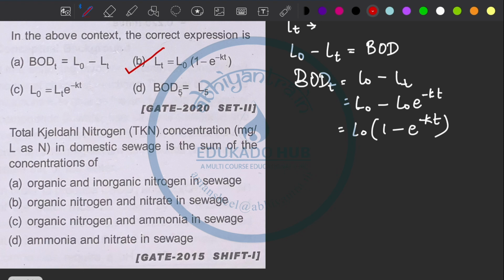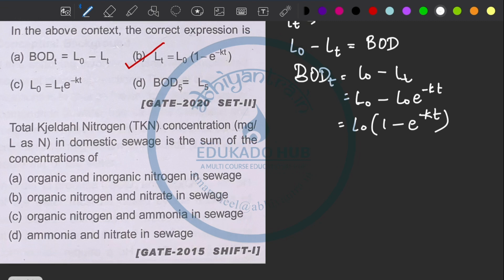Next is total Kjeldahl nitrogen concentration, milligram per liter, in domestic sewage is the sum of concentration of. So total Kjeldahl nitrogen, first of all we should know what is the significance of nitrogen in water.